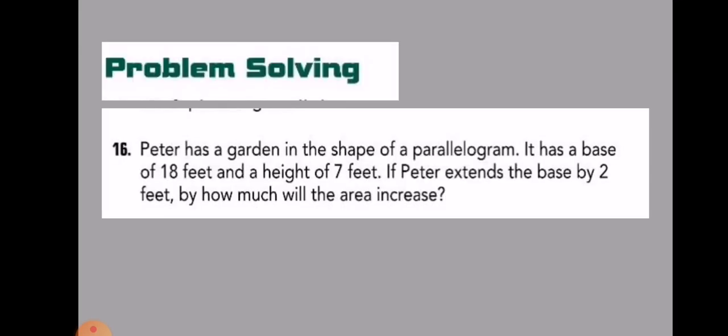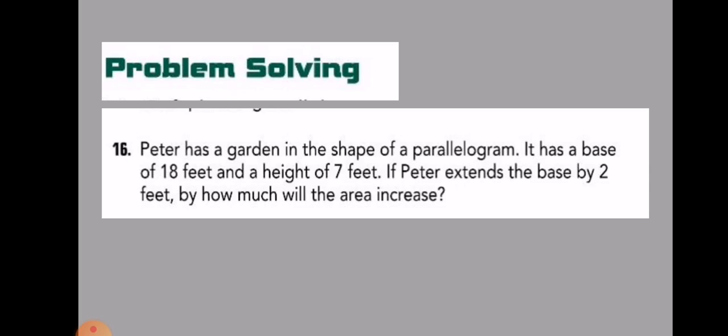Let's see an example of problem solving. Question number 16. Peter has a garden in the shape of a parallelogram. It has a base of 18 feet and a height of 7 feet. If Peter extends, meaning makes it bigger, like you're stretching something, the base by 2 feet, by how much will the area increase?